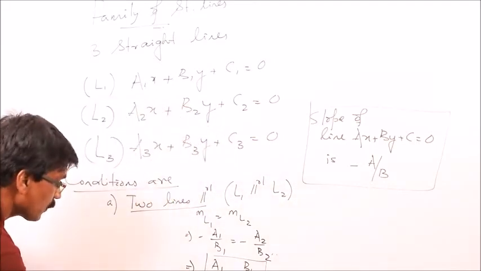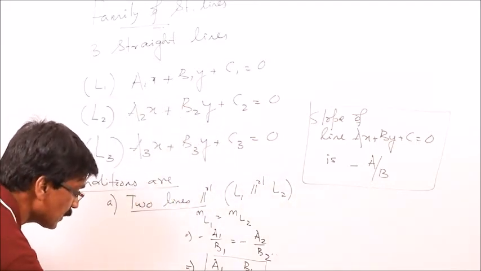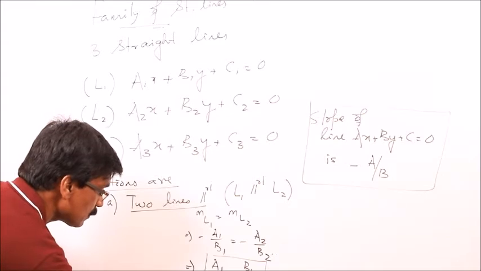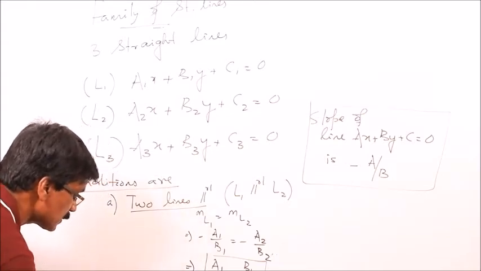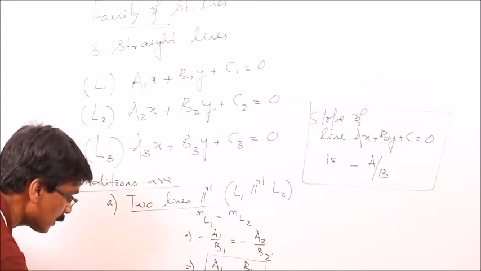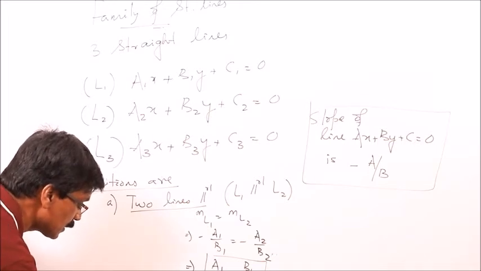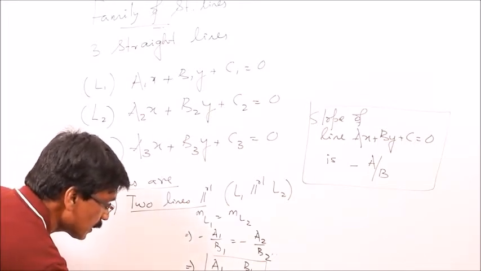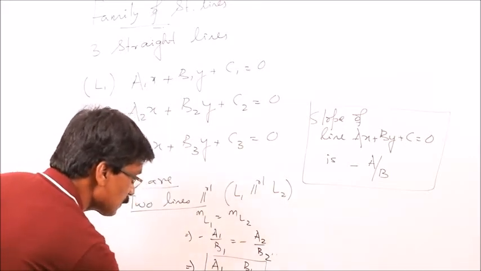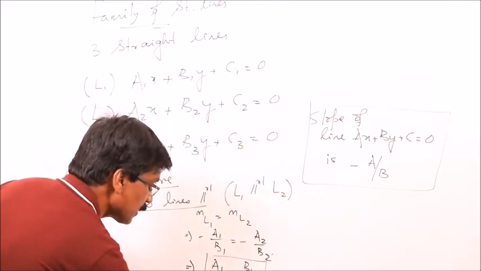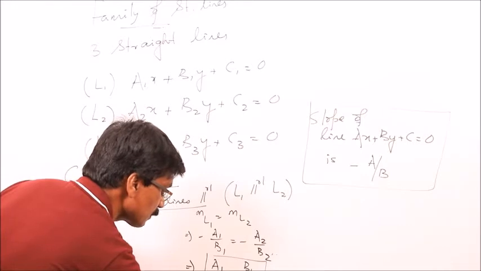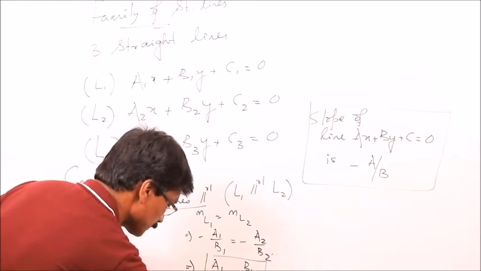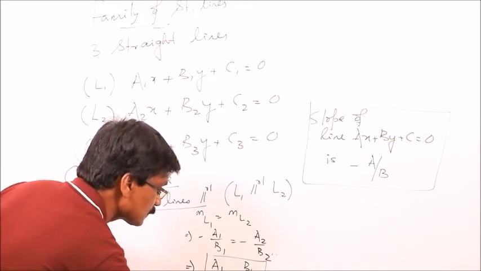So slope of L1 into slope of L2 is equal to minus 1, that is minus A1 by B1 into minus A2 by B2 is equal to minus 1. So this on simplification gives A1 A2 plus B1 B2 is equal to 0.